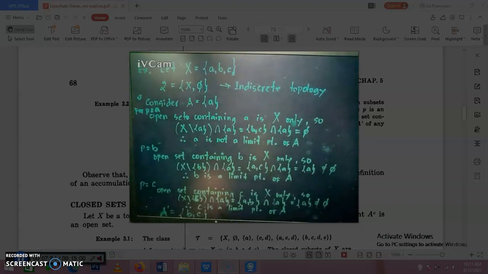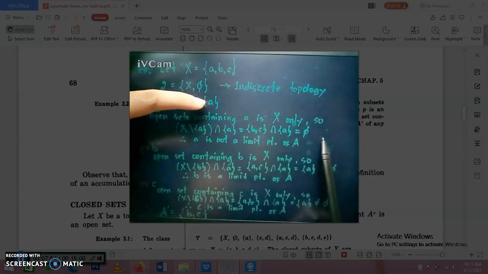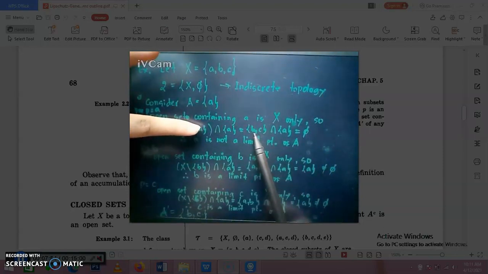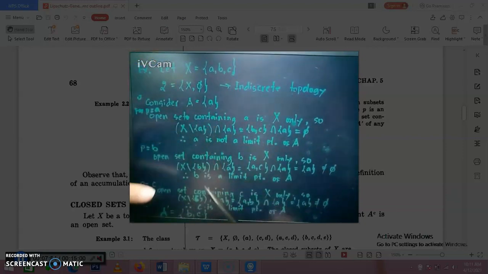As you observe, because our set A is a singleton set, if we get the deleted neighborhood of B, which is AC, and then the intersection with B is always empty. Therefore, the element in the singleton set is not part of the derived set.